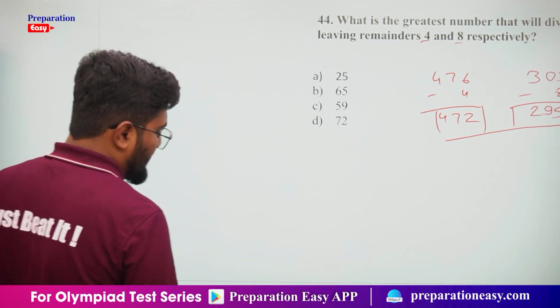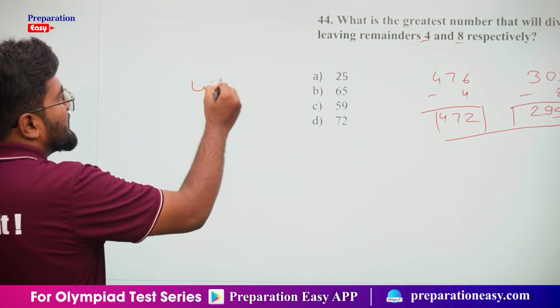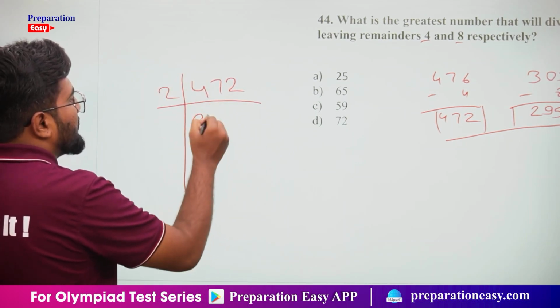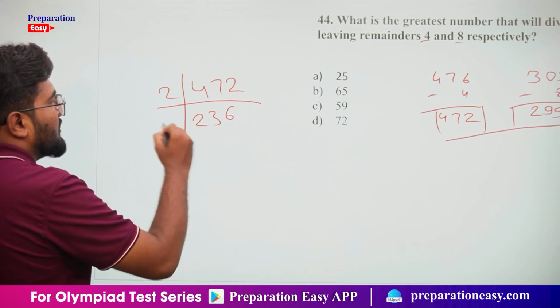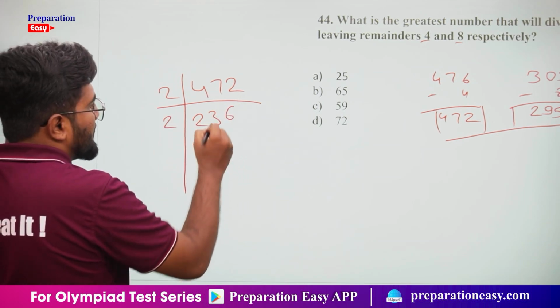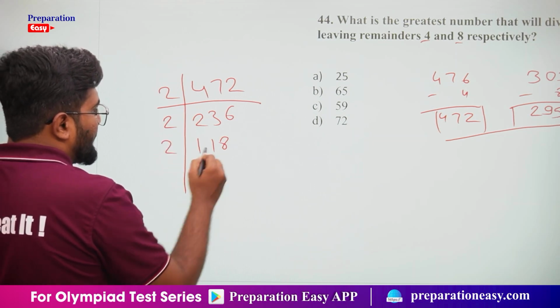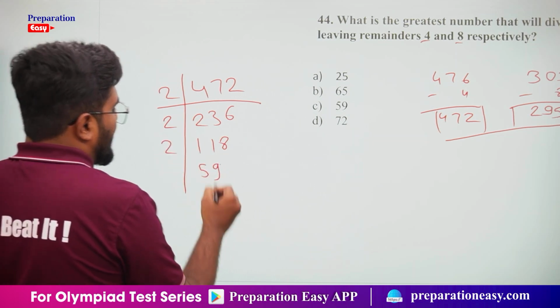Sorry, let's calculate again. 472, divided by 2 is 236, then again 2 is 118, then again 2 is 59.